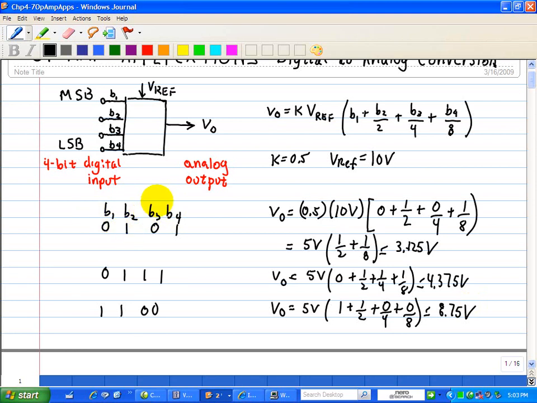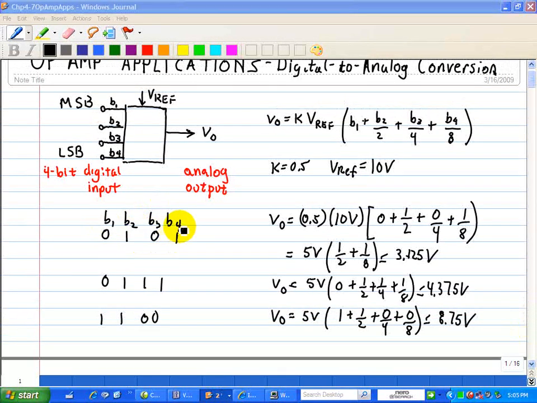And then next we're going to take a look at the binary weighted summer. But before we do that, let's look at the resolution of a digital to analog converter. Now with a 4-bit converter, there are 2 to the 4th, which is equal to 16 possible input codes, and hence there are 16 possible analog output levels.